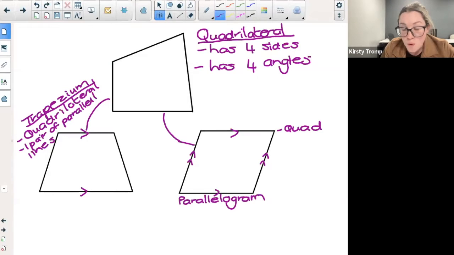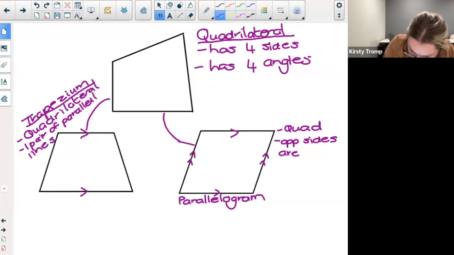All that means is that the opposite sides are parallel.